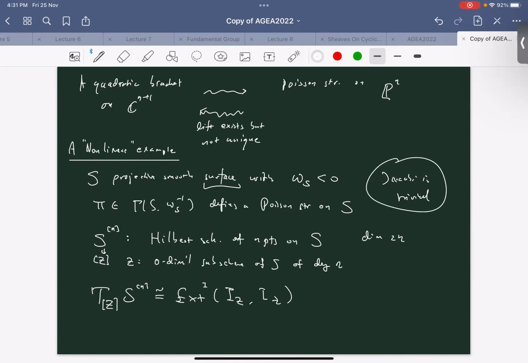Okay, and alternatively, the cotangent space is the dual of that, i.e., the extension of the ideal sheaf with the ideal sheaf twisted by the canonical bundle, by Serre duality.